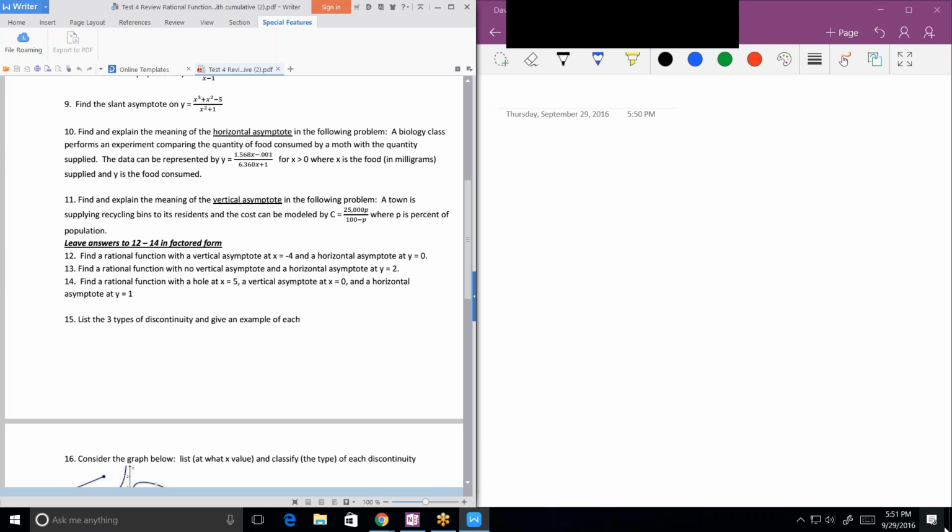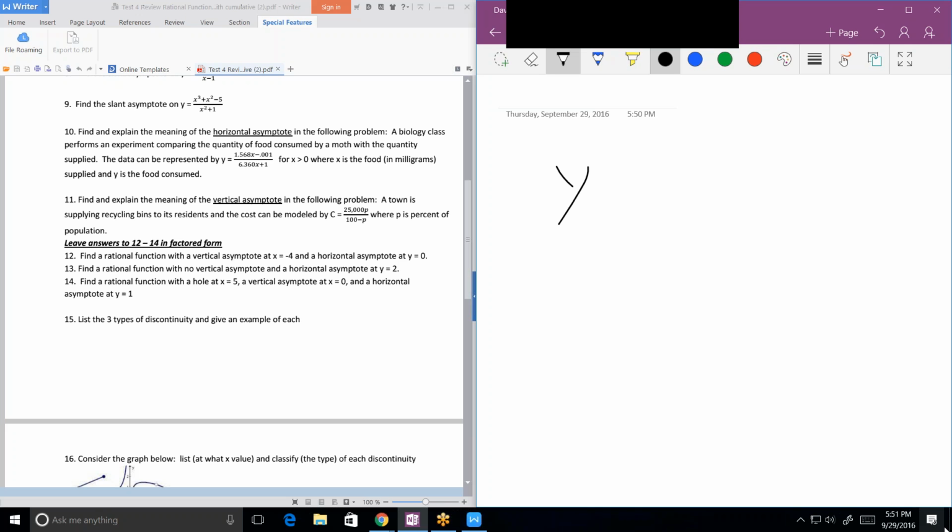Number 10 looks fairly straightforward. It gives you a function, y equals something, where y is the amount of food consumed and x is the amount of food supplied. The horizontal asymptote of that function: y equals what?